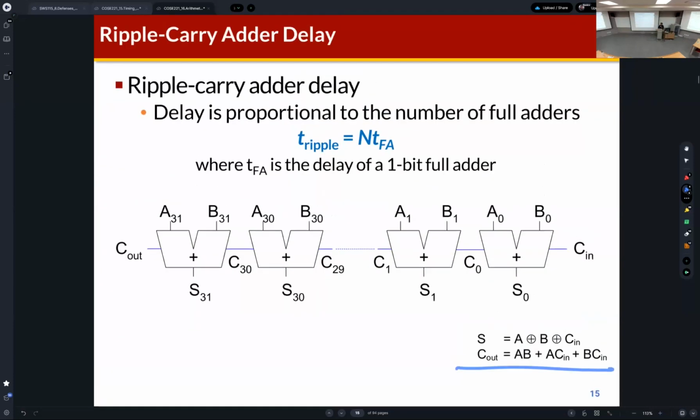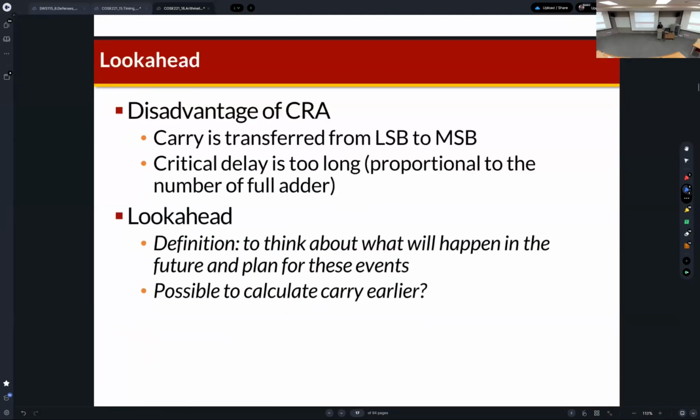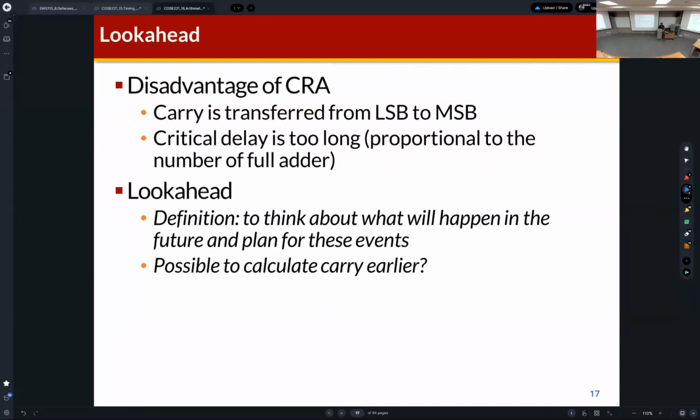So in order to avoid this disadvantage of the ripple carry adder, researchers developed the carry lookahead adder. Just remember the definition of lookahead: to think about what will happen in the future and plan. In the lookahead adder, lookahead means that the carry is generated faster.